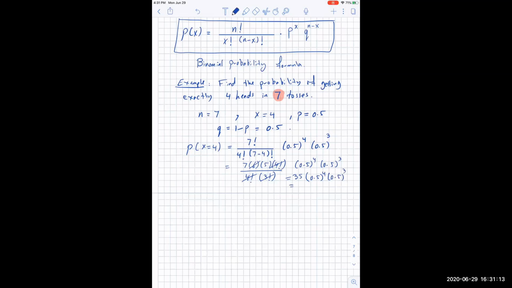And that is equal to 35 times 0.5 to the 7th power, which is 0.2734. Or in percent form, 27.3% probability of getting exactly 4 successes, 4 heads, in 7 tosses.